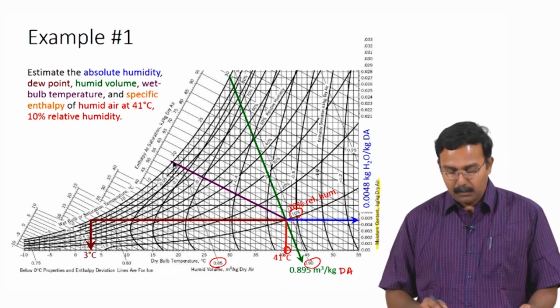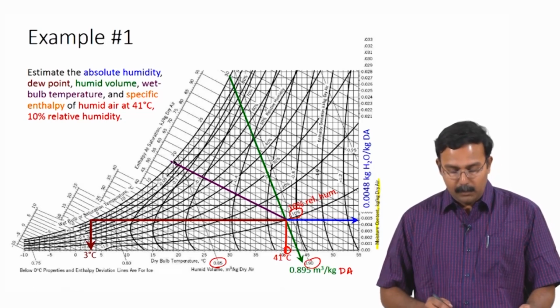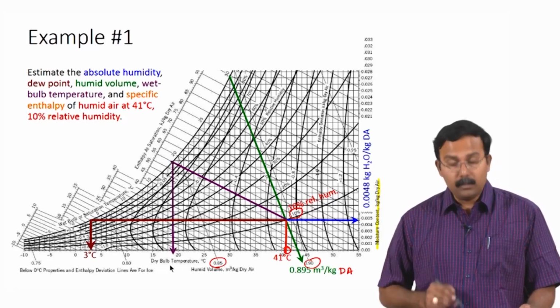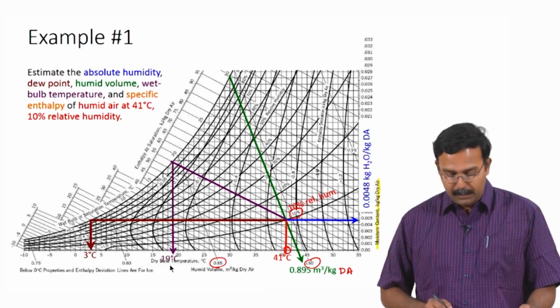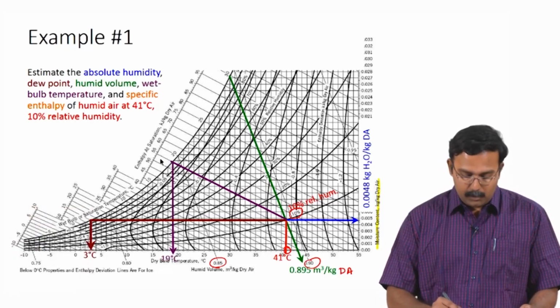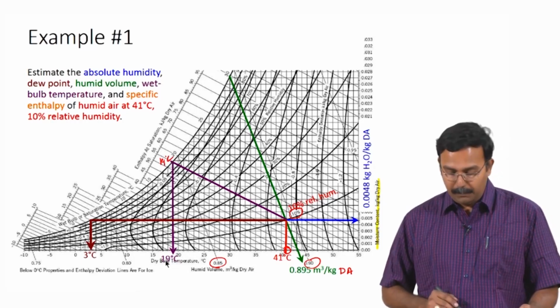The purple line goes all the way to the saturation curve along the slanting axis. I could either identify the temperature here or come back down here to identify it. The temperature is identified as 19 degrees Celsius. So, here also you can see that it is 19 degrees Celsius. This would be the wet bulb temperature.